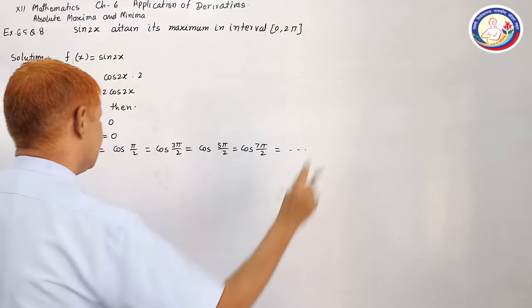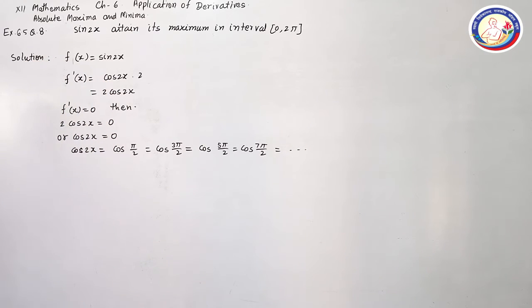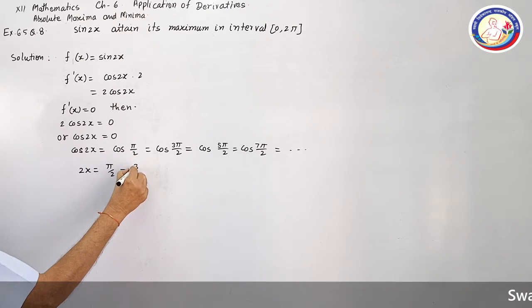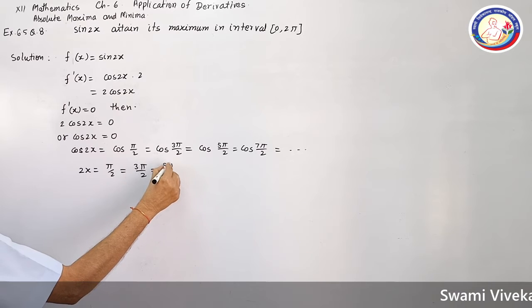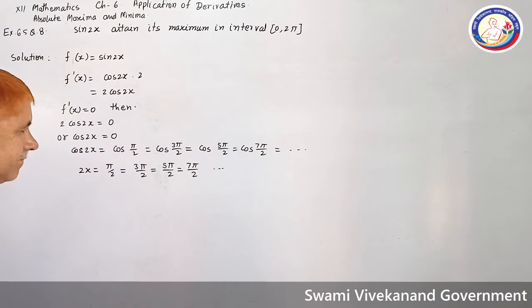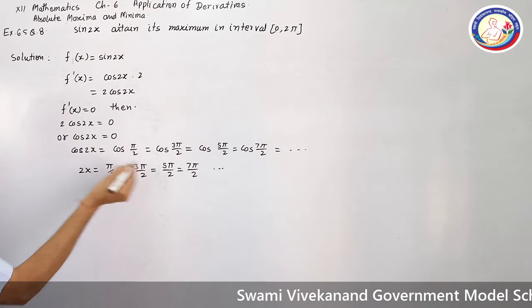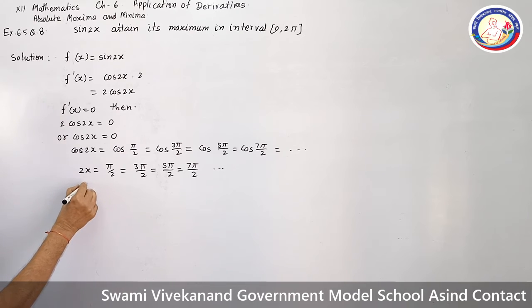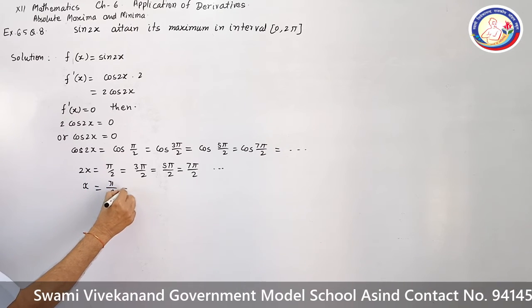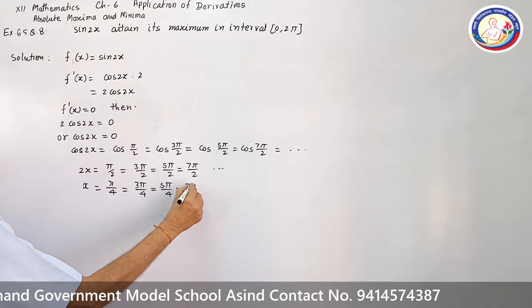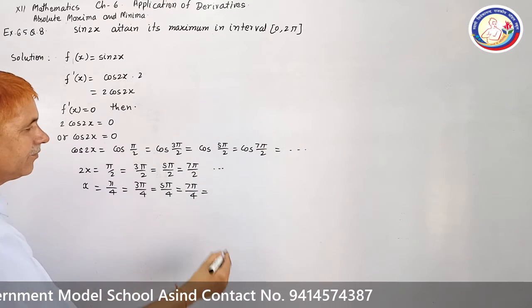And similarly here, we can write it as 2x equal to pi by 2 or 3 pi by 2 or 5 pi by 2 or 7 pi by 2, etc. Now x will be equal to pi by 4, 3 pi by 4, 5 pi by 4, 7 pi by 4, 9 pi by 4, etc.